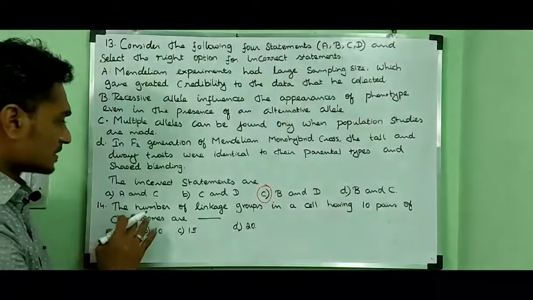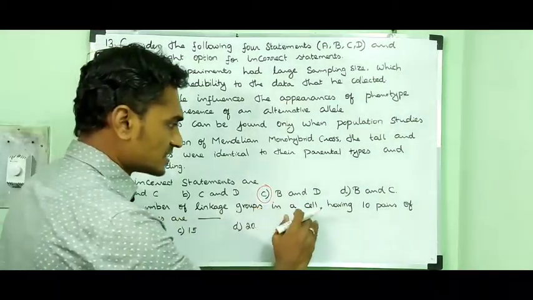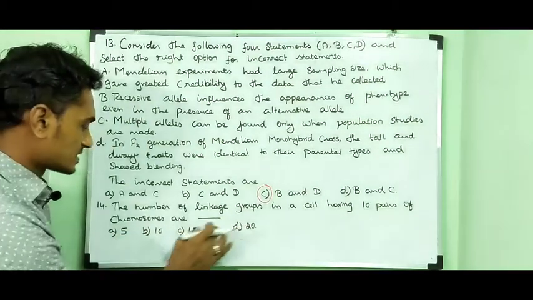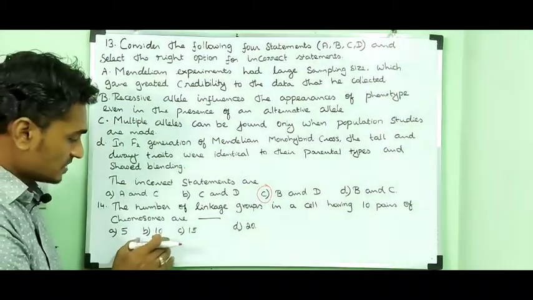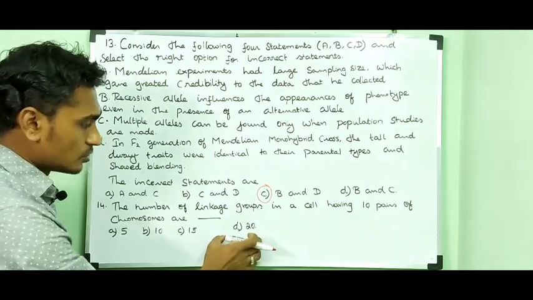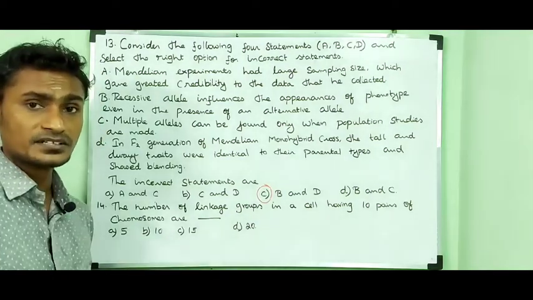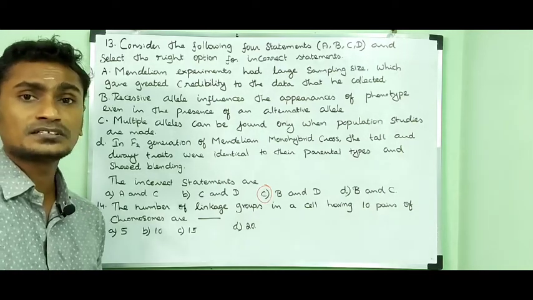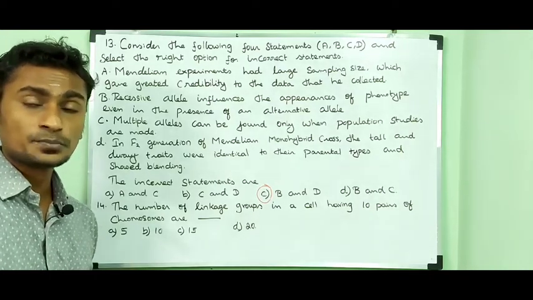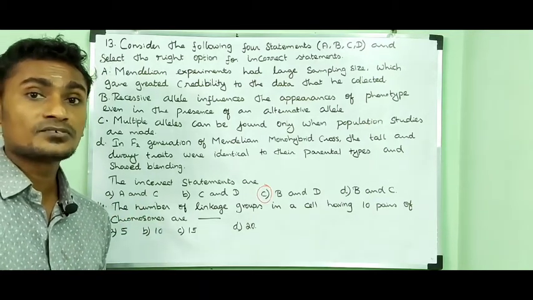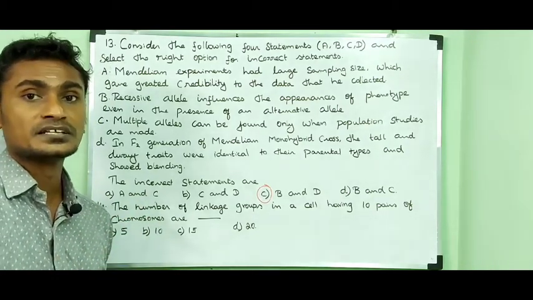Then, the number of linkage groups in a cell having 10 pairs of chromosomes is dash. Option A 5, option B 10, option C 15, option D 20. The total number of linkage groups in an organism is equal to the number of autosomes in a haploid cell.